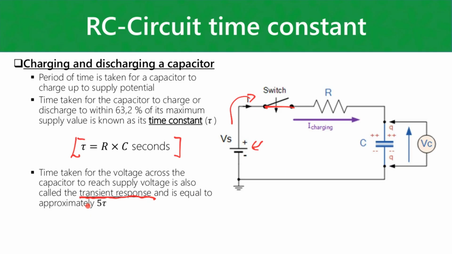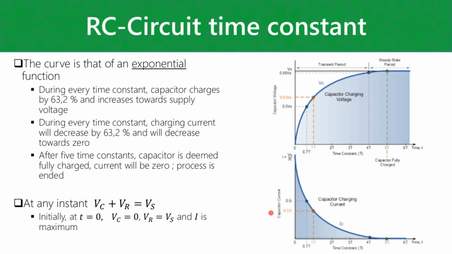It takes approximately 5 time constants for the circuit to reach steady state, meaning there are no changes occurring in the circuit anymore. If we look at these graphs, they show it very nicely: an exponential increase in voltage and an exponential decrease in current.